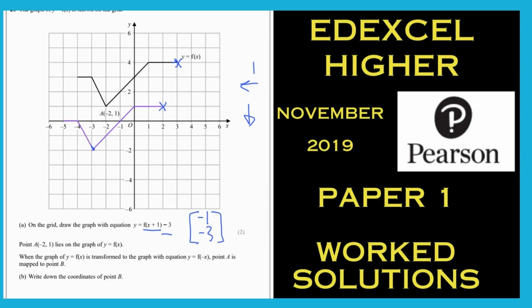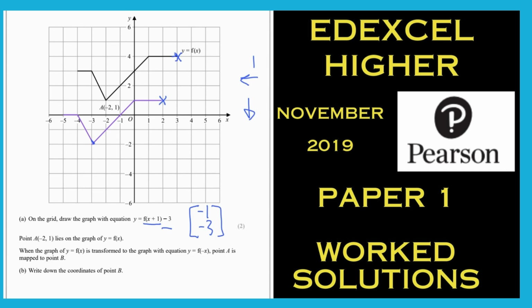On to part B. The point A, they've labelled it. Now, the x has been replaced with a -x. This is one of them revision points. If you don't know instantly that that's a reflection in the y-axis, make yourself a little bullet point crib sheet.